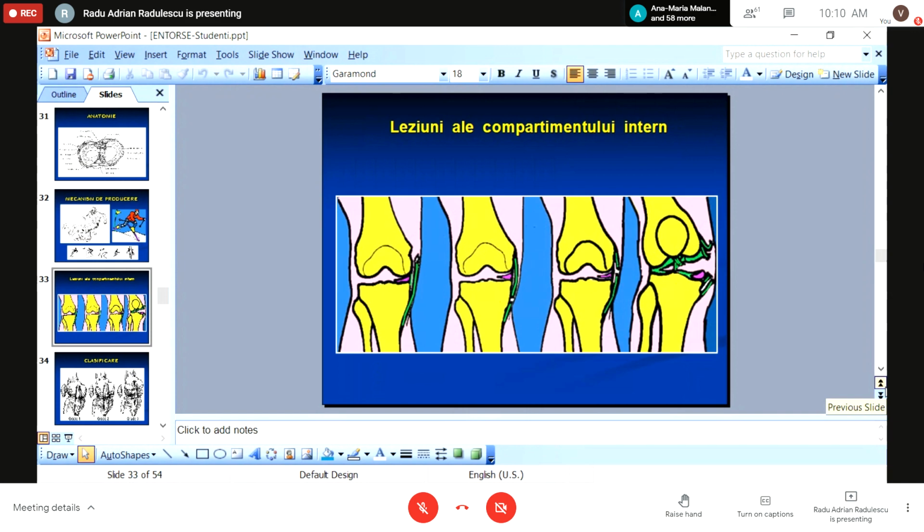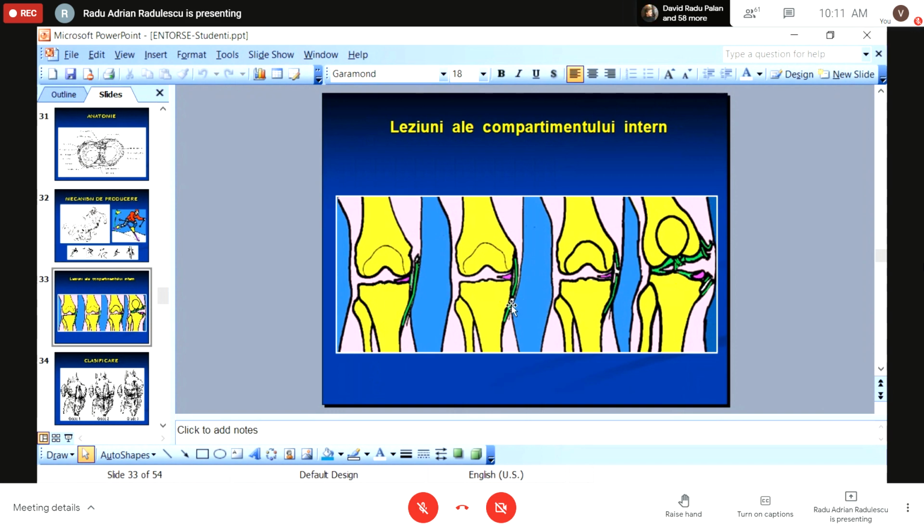Like I said, if the force is applied on the lateral aspect of the knee, then the damage will go to the medial aspect of the knee, of different degrees. Here we have a lesion of the medial collateral ligament which was detached from its proximal attachment.